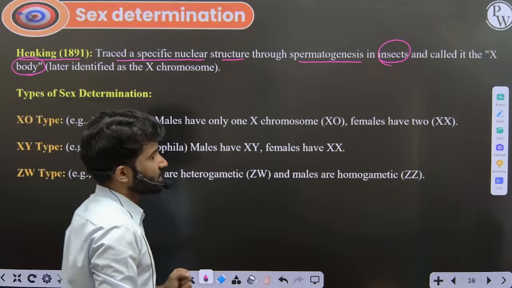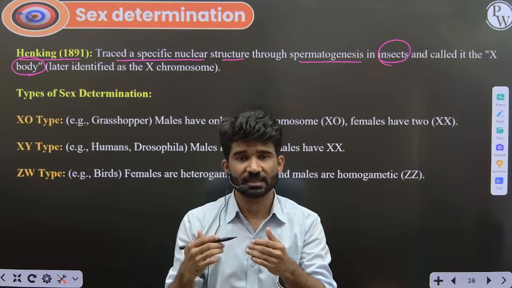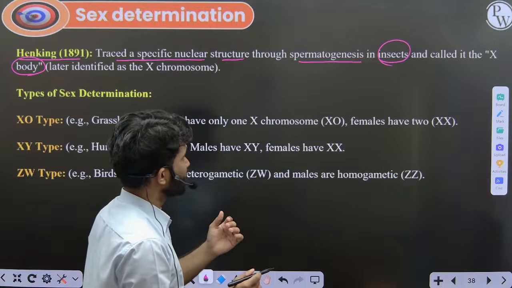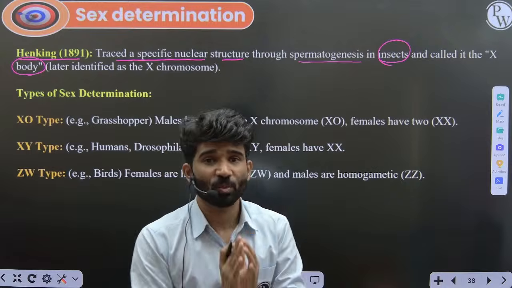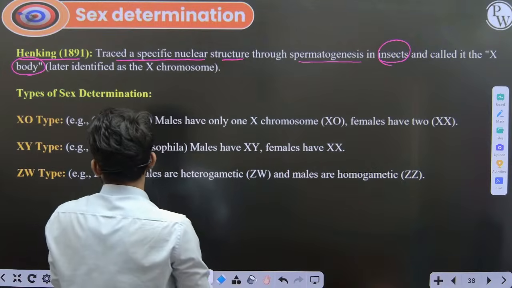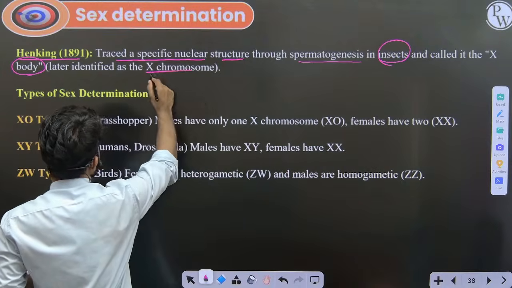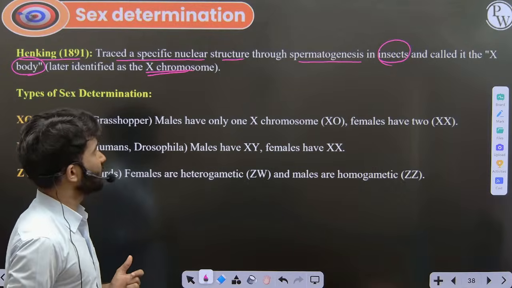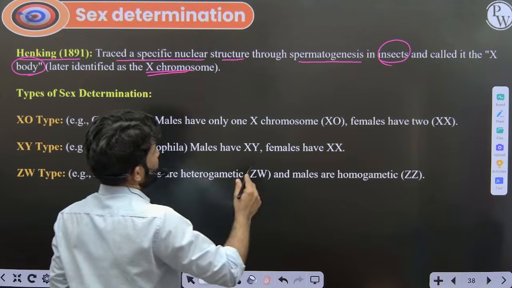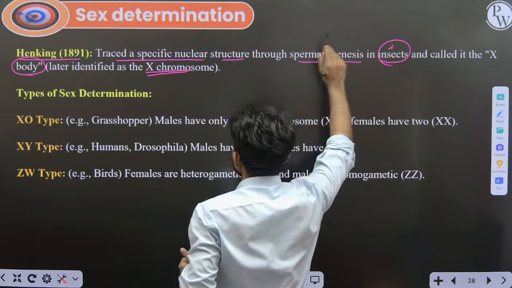He studied the sperms of the insect and called those sex chromosomes X bodies. That was later identified as the X chromosome, which determines the sex of the insect.